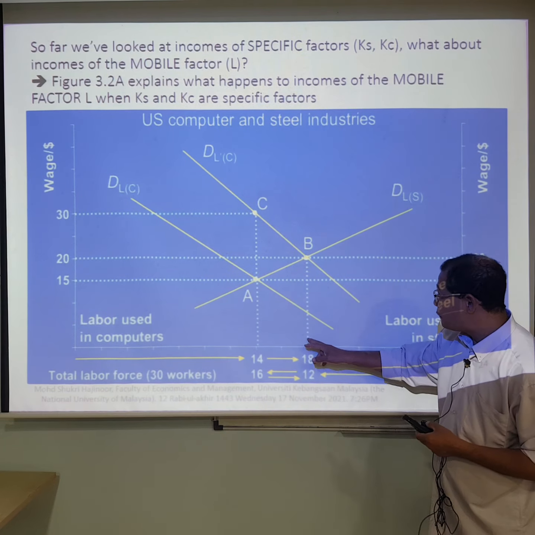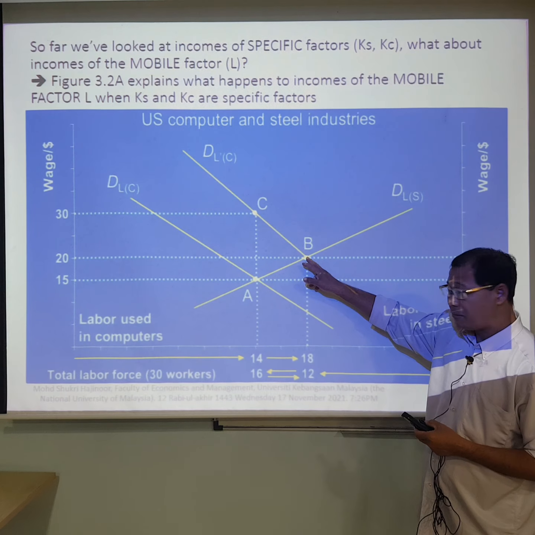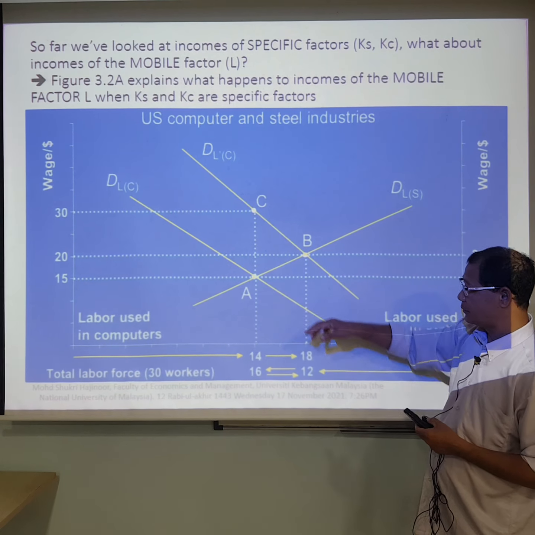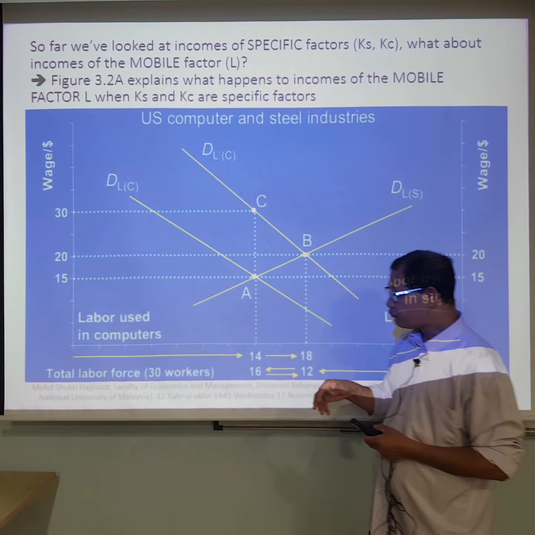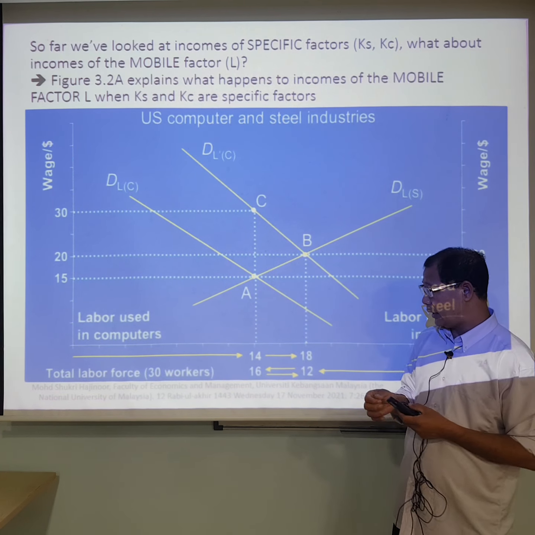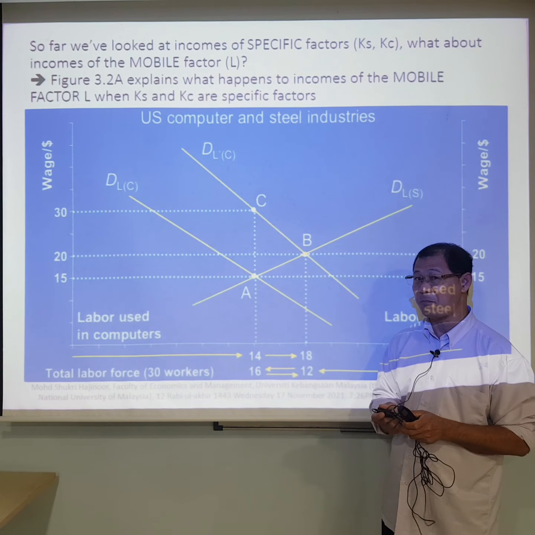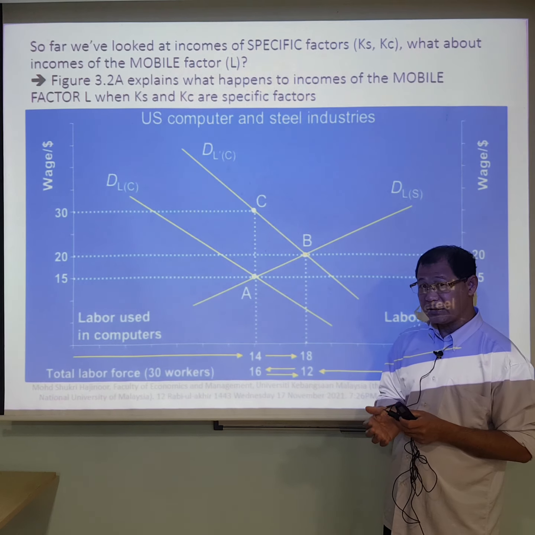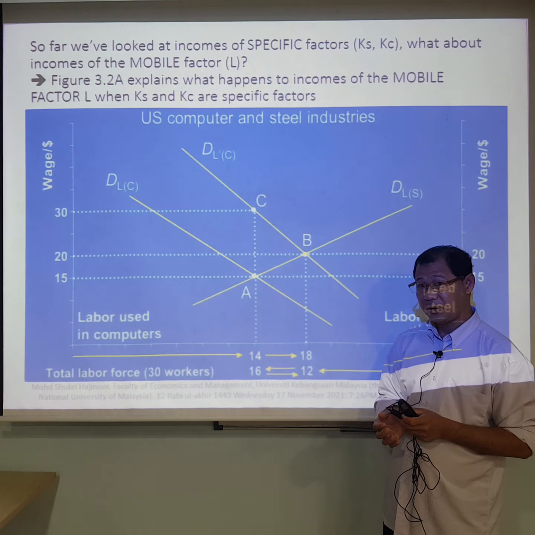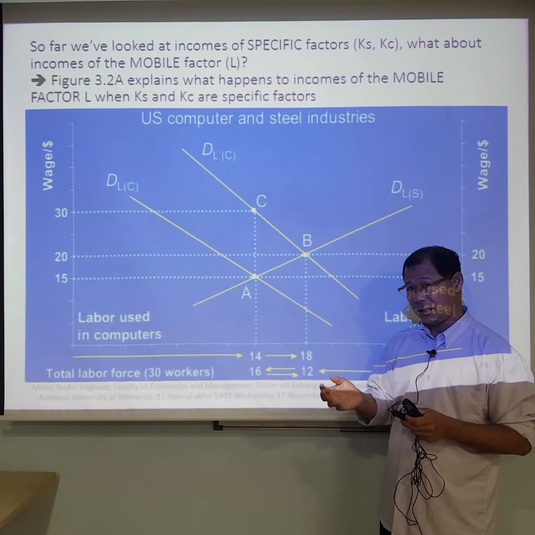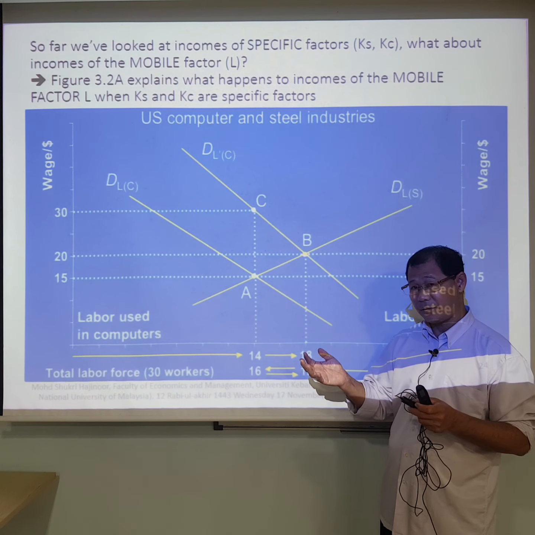So we have a new equilibrium at point B. So what it shows here is that as a result of the specialization based on comparative advantage, wages increase in the country. So this is according to the Heckscher-Ohlin theory already.